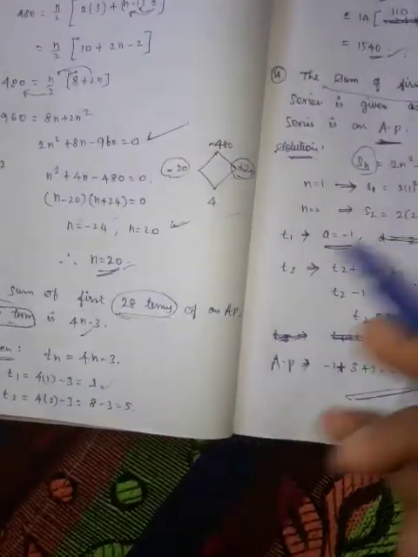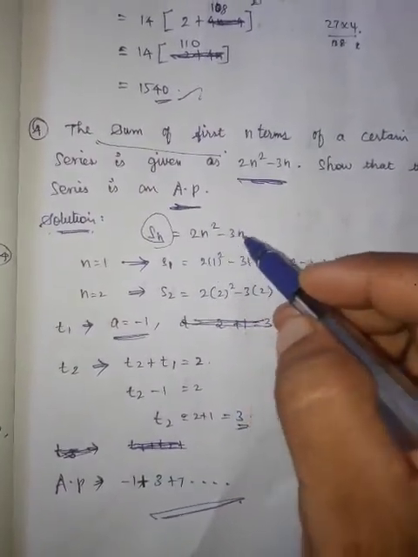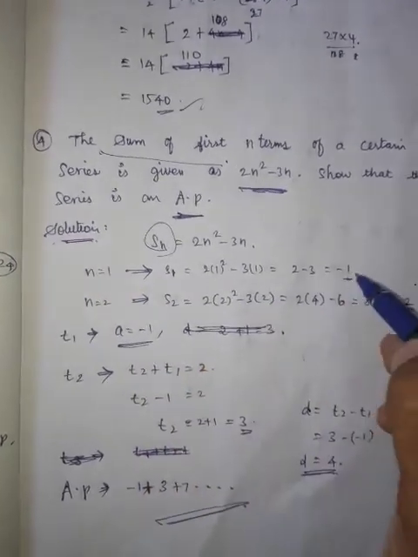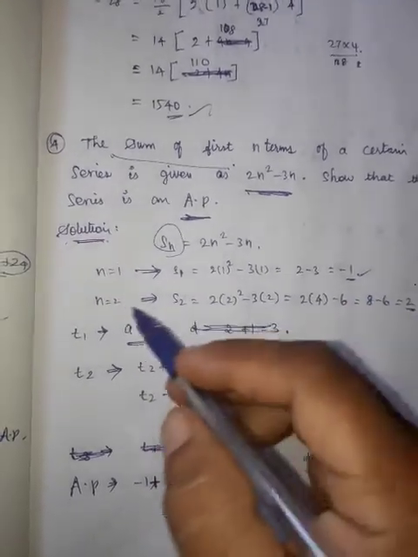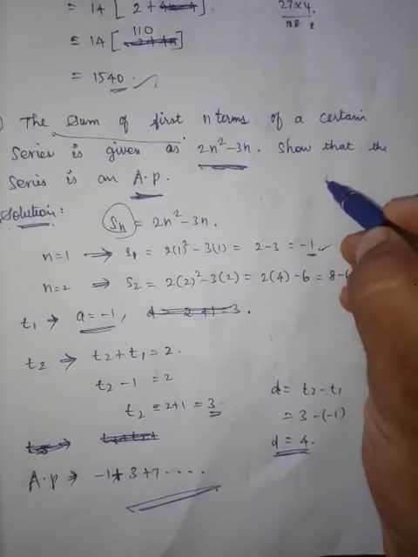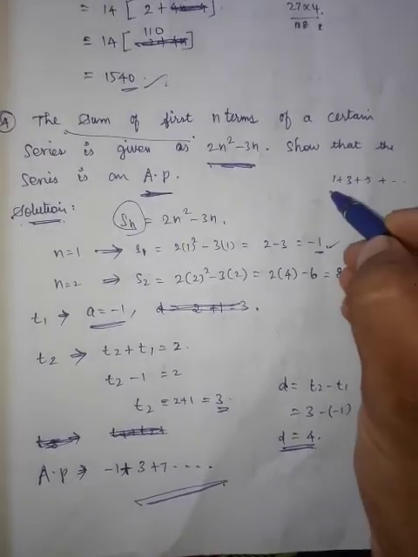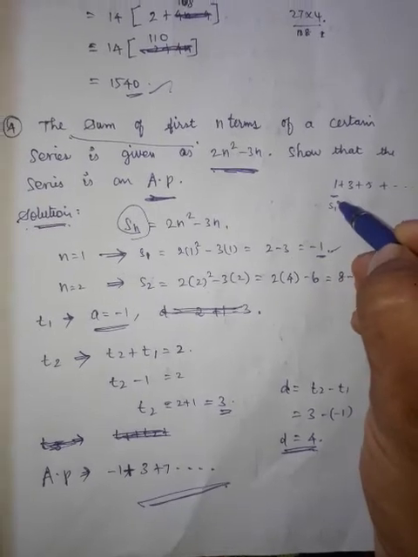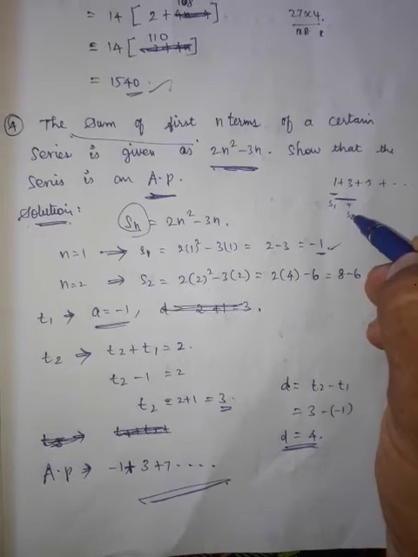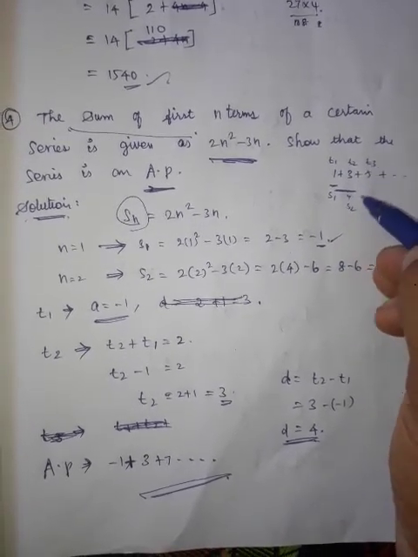You can understand the difference between Sn and Tn. Sn equal to 2n square minus 3n. Putting n equal to 1, S1 is minus 1. Sn means the sum of the first n terms, so S1 is the first value only, and the first and second values make S2.